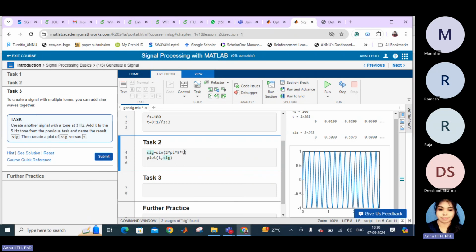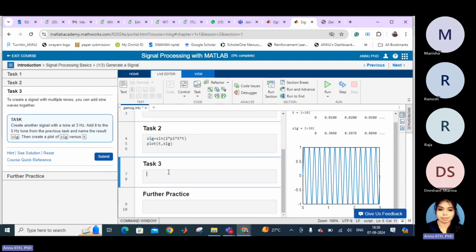Can you please answer this for the task 3? I'm waiting in the chat box.